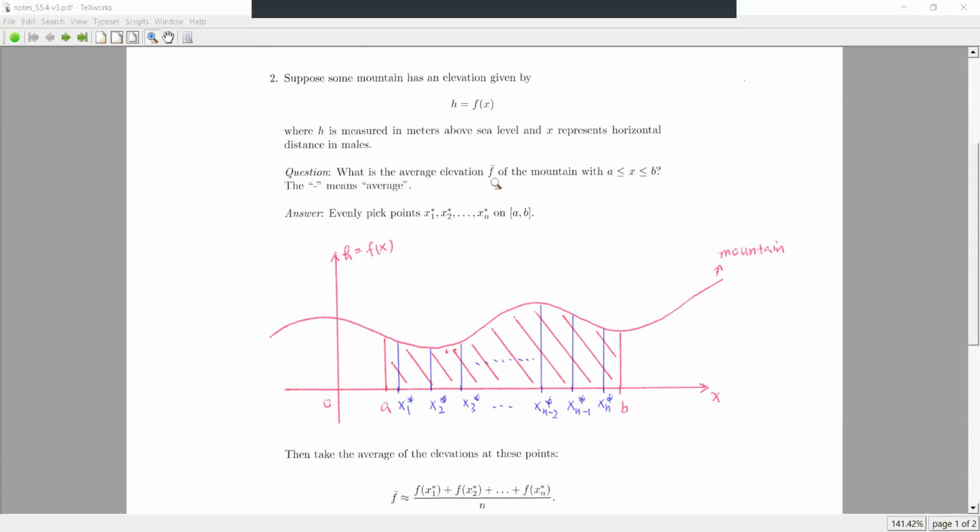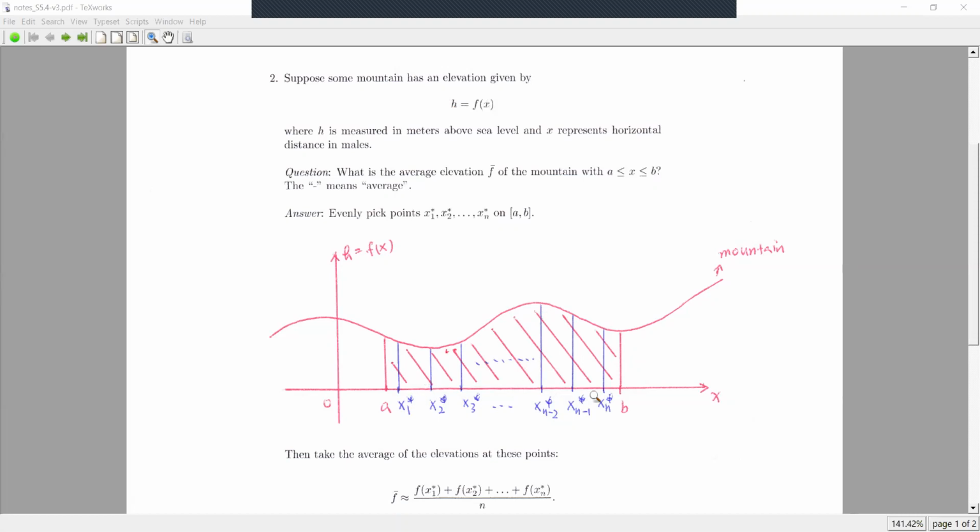Here I use F bar to denote the average elevation. Bar means average. To answer the question, between A and B, we evenly pick points. Say pick n points. Then at each point, we compute the elevation of the mountain by this function.